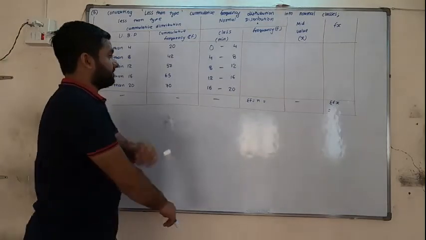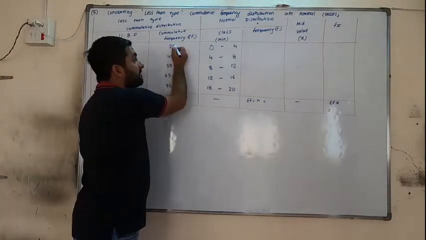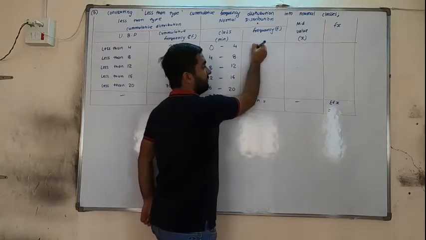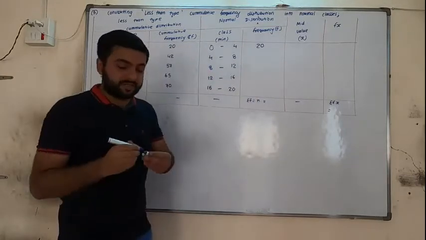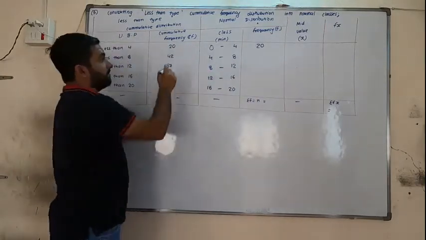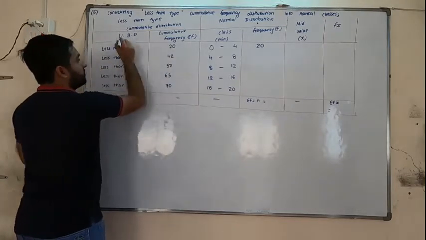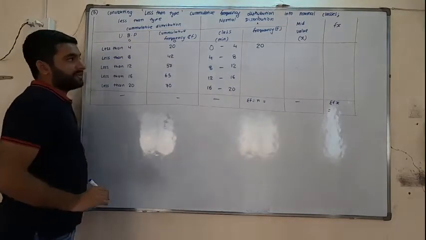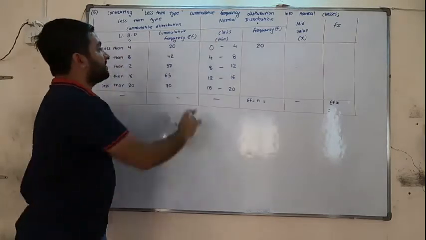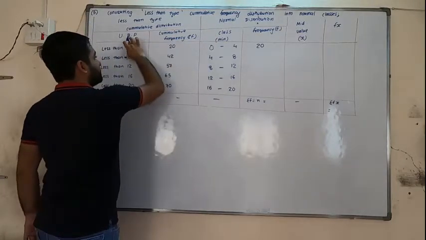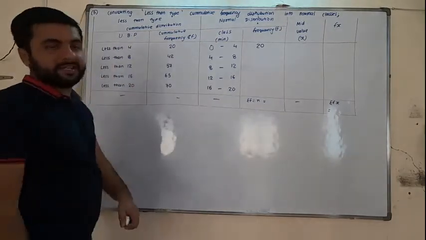That is done and here the difference is 4, so we will get 0. Now how to find the frequency? So friends, as 0 is not given, the first frequency is the first cumulative frequency itself. Because if 0 was given, 20 minus 0 is 20. So 0 is not given, so the first CF will be the first frequency itself.